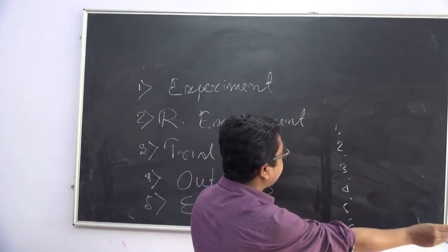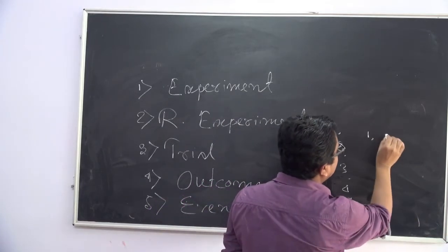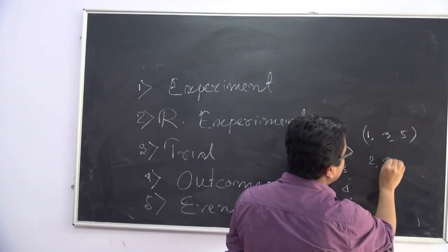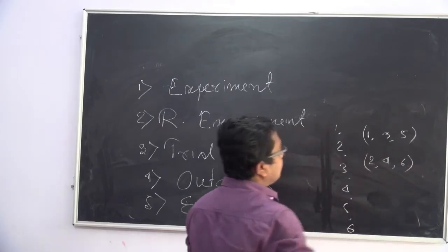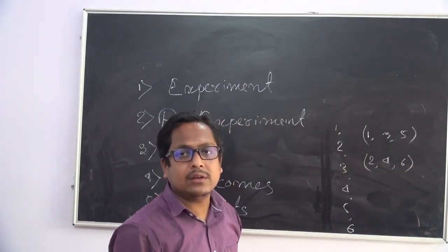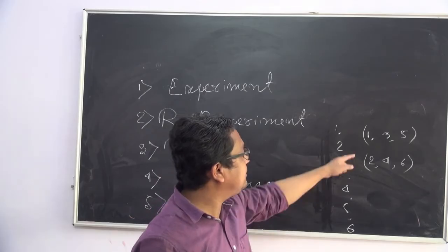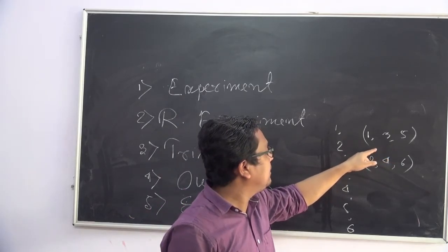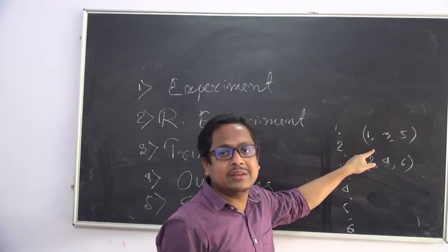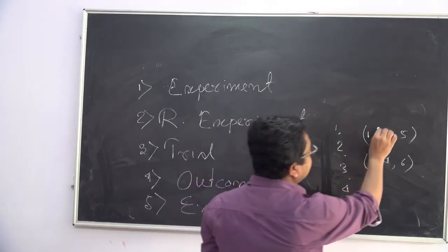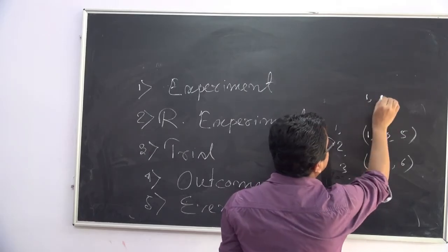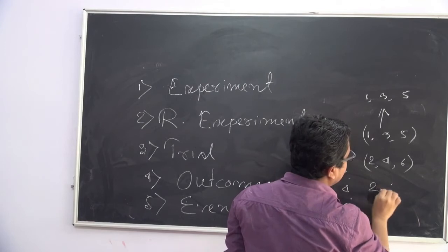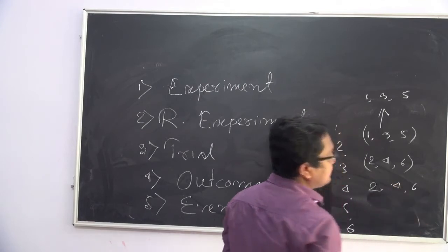Now see, if we write 1, 3, 5 or 2, 4, 6, these are also events. These are called compound events, because we can split them and also write 1, 3, 5 and 2, 4, 6.